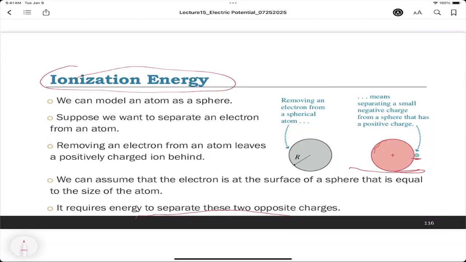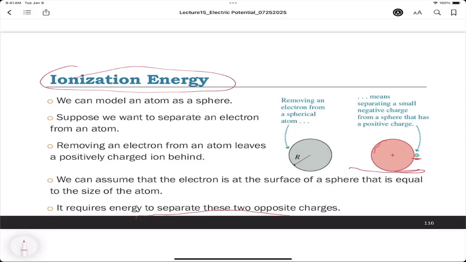Removing an electron from an atom leaves a positively charged ion behind. That makes sense because firstly it is neutral, the positive and negative charges are the same. But when you remove an electron, the atom is left with a positive charge, because the positive is greater than the negative.